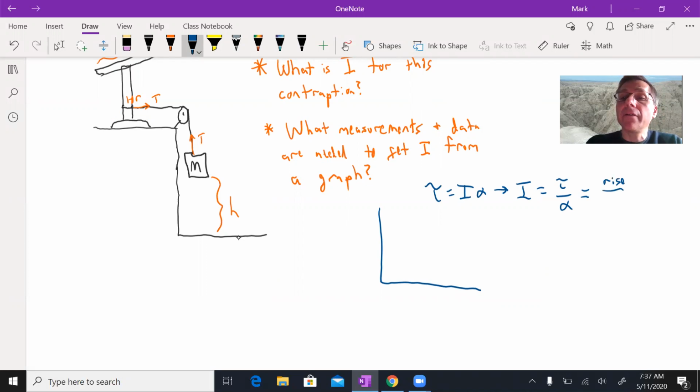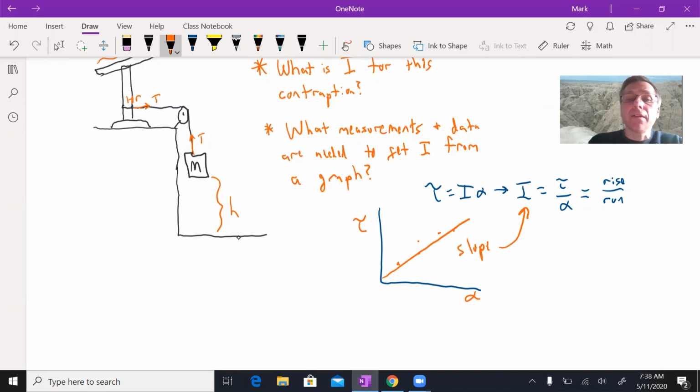If we want a straight line, if we want a slope that gives you the moment of inertia's value, slope is rise over run. If we can get some data points, some different torques and different accelerations, the rise would be the torque value. If the run or the x-axis is your angular acceleration, measurements should give us a best fit line through this. And the slope of this graph should be that moment of inertia.